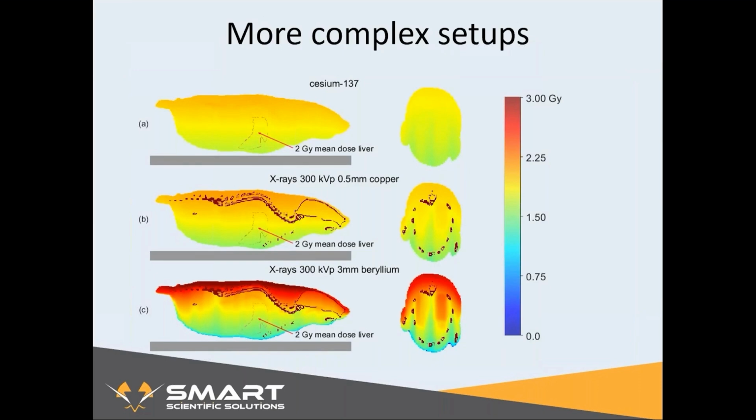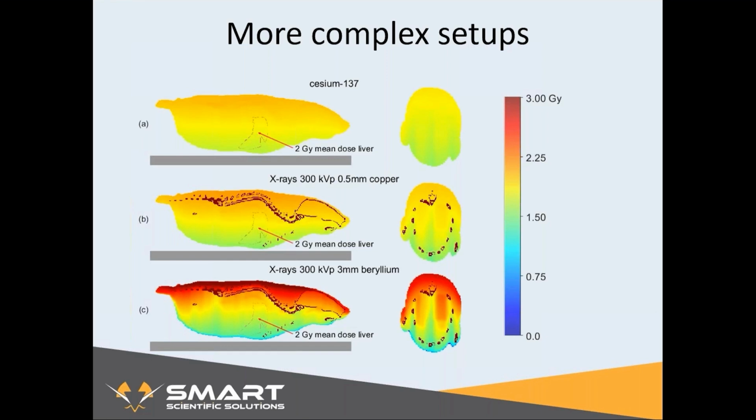But your setup probably does not look like a simple block of water. So a more realistic setup would be, for example, a mouse. Here you can see the same spectra being used on a mouse. On the top, you can see the cesium-137, and you can still see a homogeneous phantom. It has a gradient.